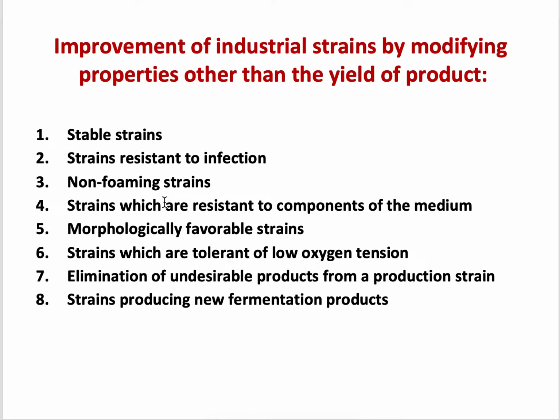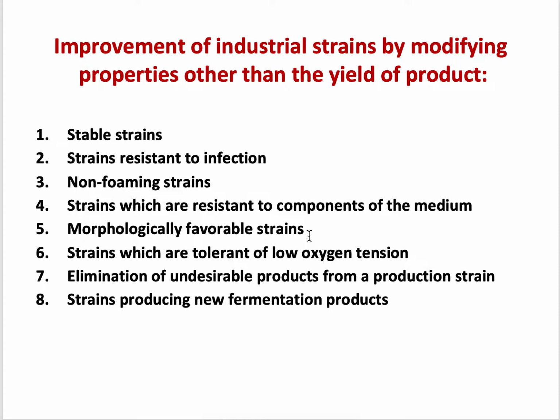Also strains which are resistant to components of the medium, and morphologically favorable strains. Suppose your strain is a very sticky type. It is difficult to do the fermentation with sticky cells because they tend to stick to each other.